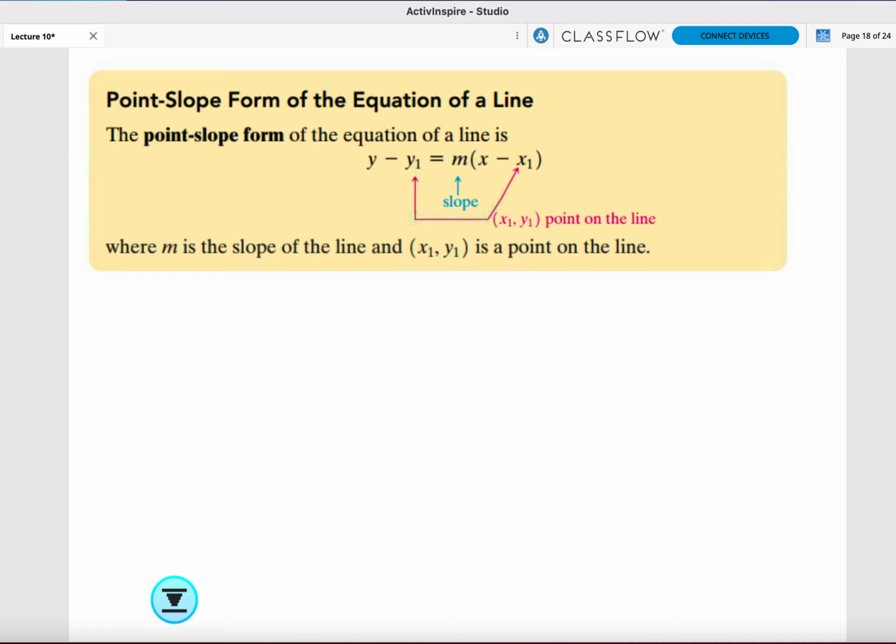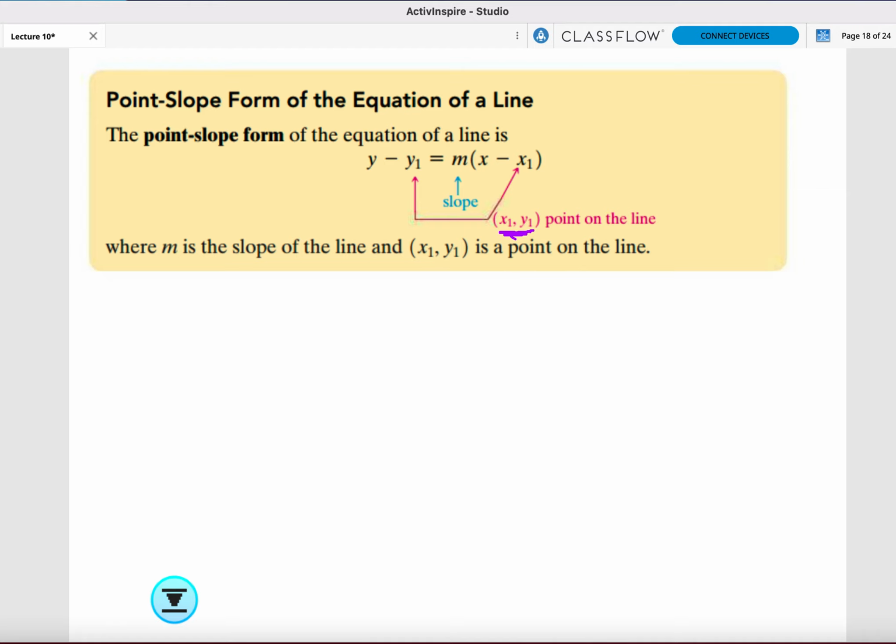Point-slope is another form of the equation of a line. You have the 3 different equations. We have standard form, ax plus by equals c; slope-intercept, y equals mx plus b; and point-slope, y minus y1 equals m parentheses x minus x1, where (x1, y1) is a point on the line. You can actually convert from one to all 3.